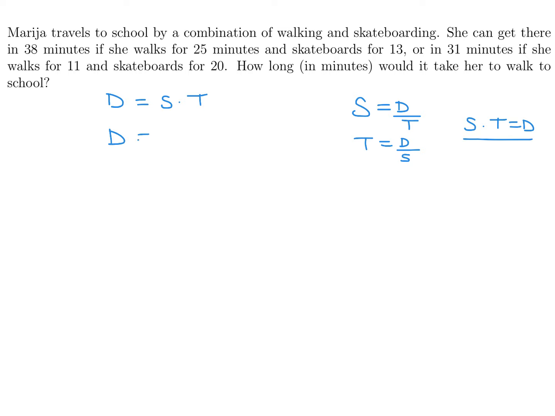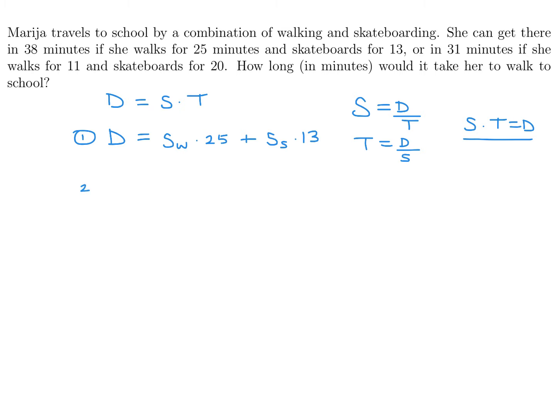So her distance is going to be, when she's first walking, the speed at which she walks times the time, which is 25 minutes. And then we add the speed at which she skateboards times the time, which is 13 minutes. So that would be an accurate equation based on the information in the question.